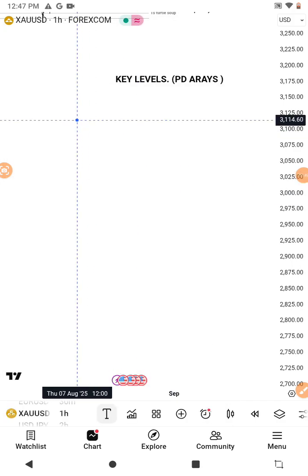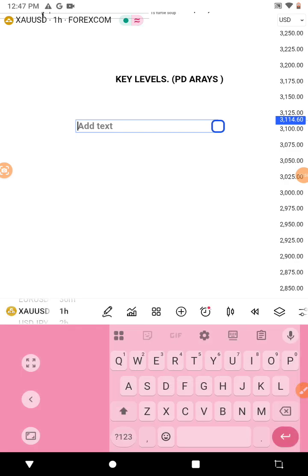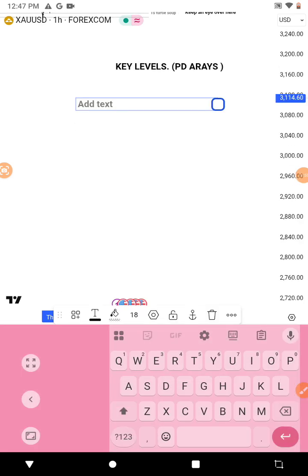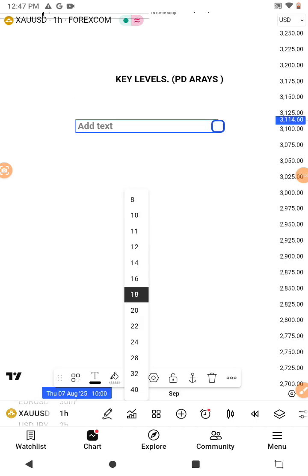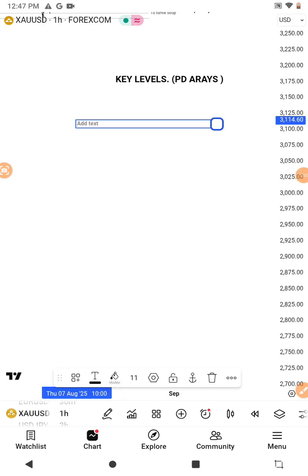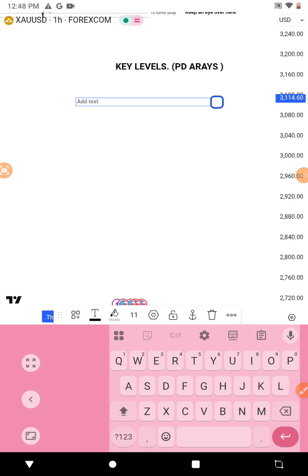The fair value gap, FVG. Those who are new to this, your course should write them down. FVG, fair value gap, right?